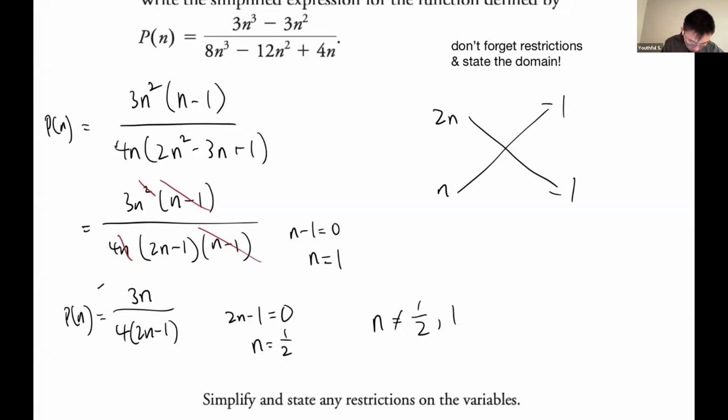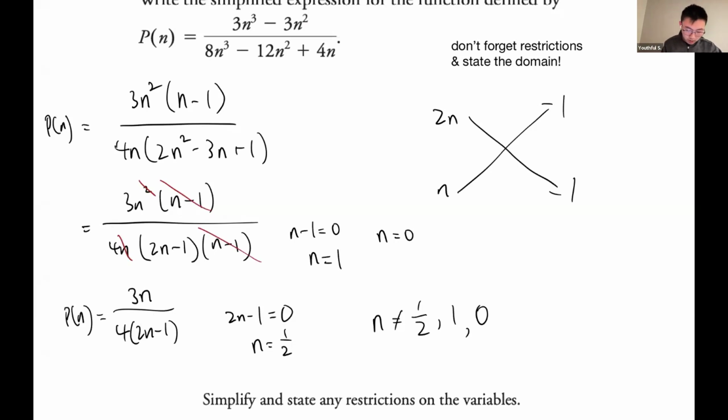And then also over here, for n, we see that when n is equal to 0, it also makes the denominator equal to 0. Again, we haven't considered it because we've simplified it over here. So we have to consider this as well. So when n is equal to 0, that's also going to be a restriction. So n also cannot be equal to 0.